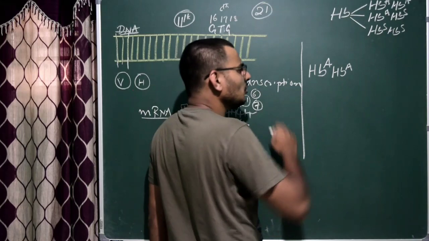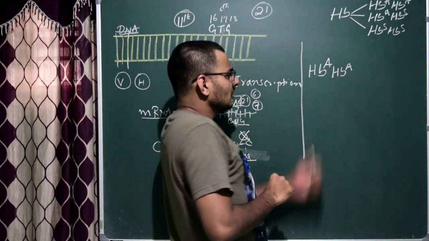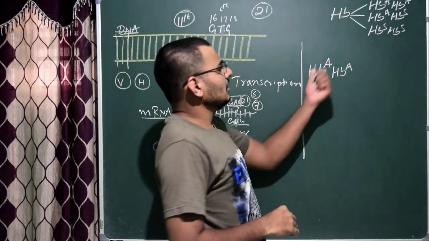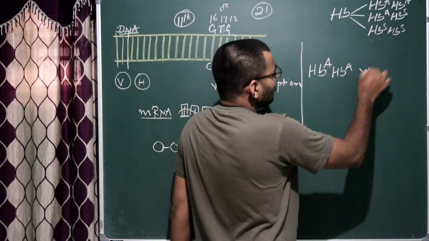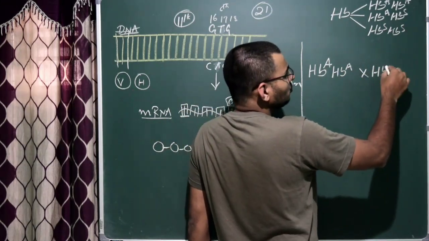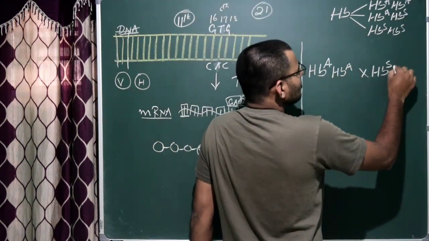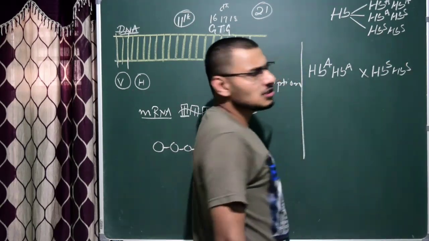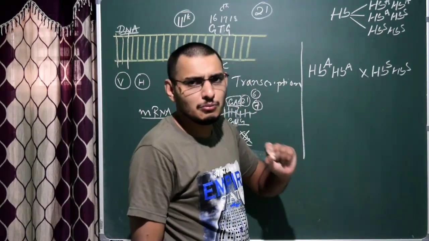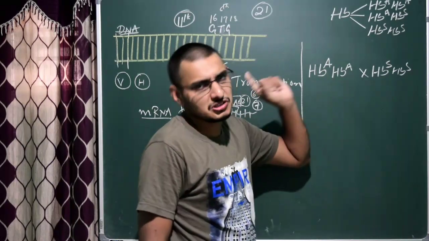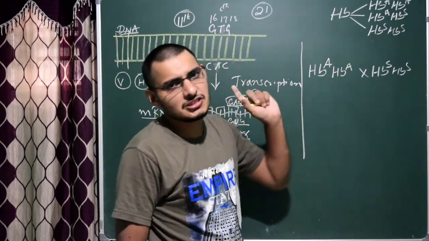But in this case we cannot. But let us say an individual with this kind of genotype, that is, he is normal, marries another individual who is suffering from sickle cell anemia. It is understood. Suffering from sickle cell anemia means HbS. It always occurs in the homozygous recessive condition.